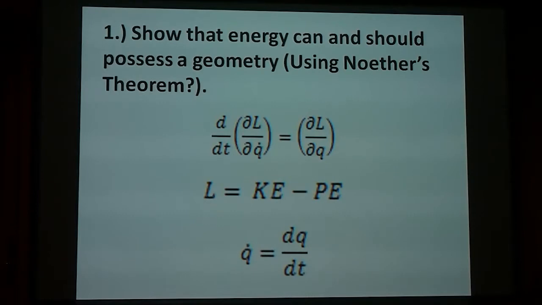Now Noether's theorem basically says that if we do a substitution on this Lagrangian, where we have some new variable q, and we make the Lagrangian solely a function of q, and we take its partial derivative with respect to q, what we have is that if this right-hand side of this equation is equal to 0 or a constant, then the time evolution of the amount of q we have in this system is conserved. So essentially we don't gain or lose any q if this right-hand side is equal to 0.